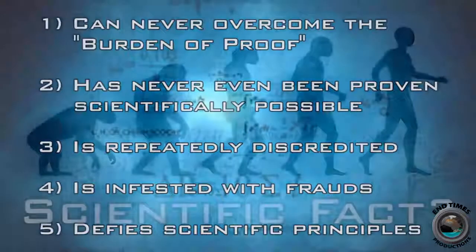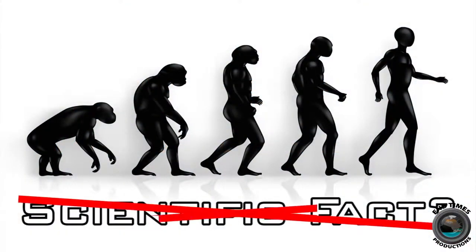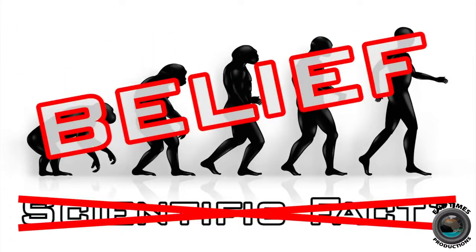Folks, at the end of the day, there is absolutely no way to quantify evolution as a fact or a certainty. It is a belief, and a religious one at that.